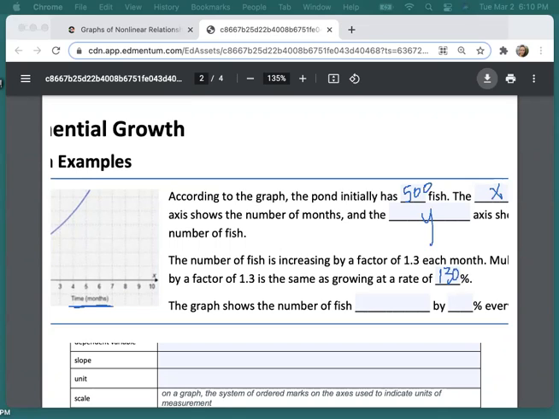The graph shows the number of fish increases by 130% each month. So not a line, it is exponential.